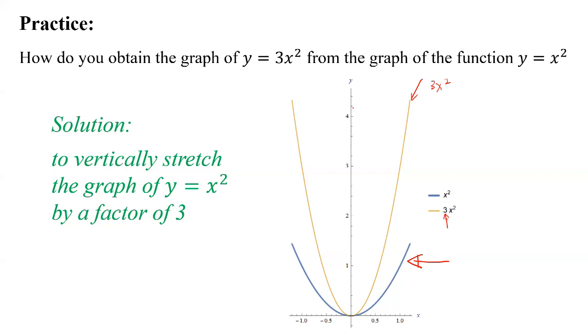And imagine that if you vertically stretch the graph of y equals x squared, the function will become thinner and taller, and it will be transformed here, right? Okay, any questions?